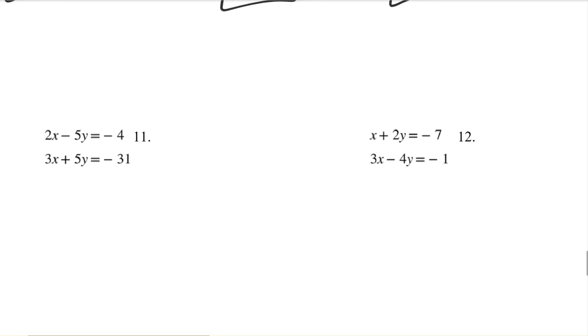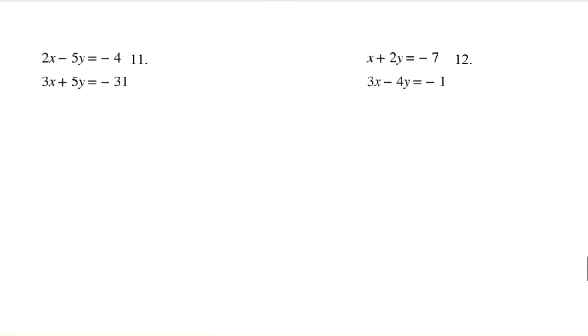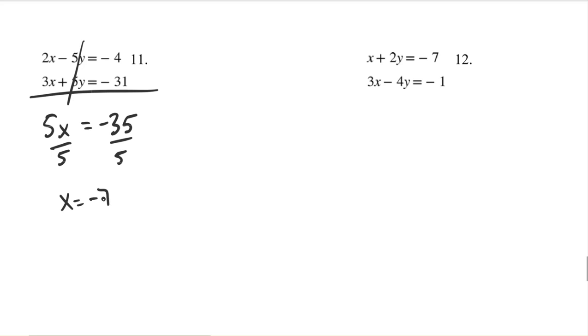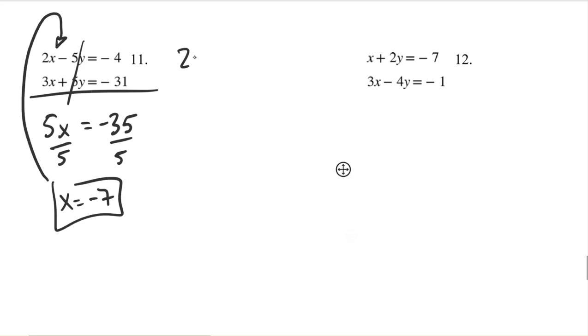Our next problem, we've got plus and minus 5y. Those are going to cancel. We've got 5x equals negative 35. Divide by 5. X equals negative 7. Substitute this back in for x. 2 times x minus 5y equals negative 4. Plugging in a negative 7.